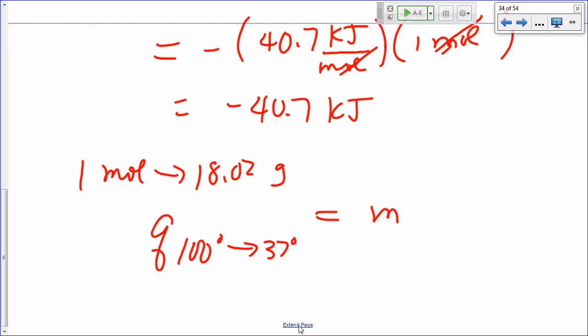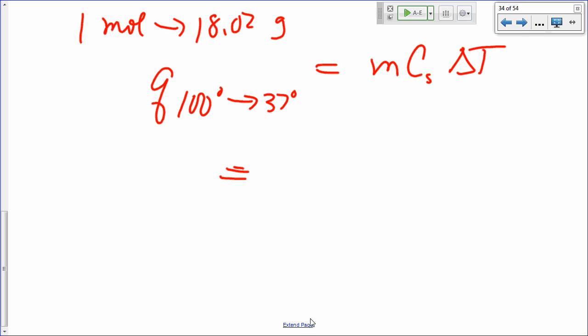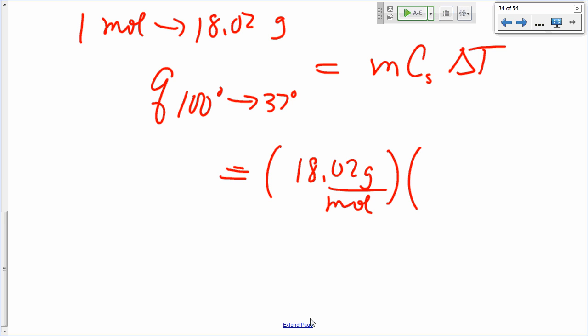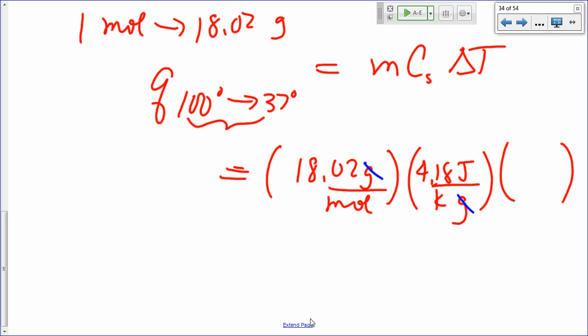Mass of water times specific heat of water times delta T. What's the mass of the water? For 1 mole, it's 18.02 grams per mole. Specific heat of water, 4.18 joules per Kelvin per gram. And what's our delta T? You went from 100 to 37. That's negative 63 Kelvin.